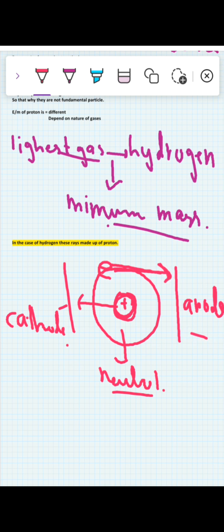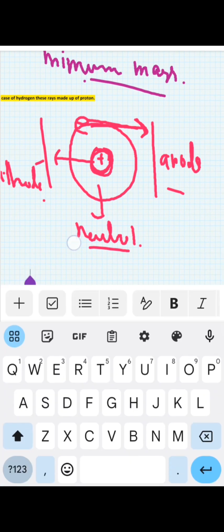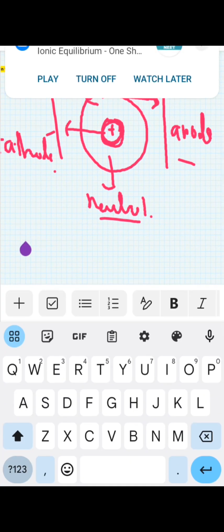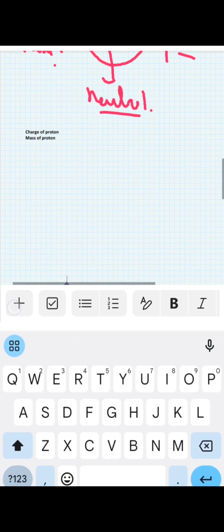After that, here we have the charge of proton and mass of proton. So the charge of proton is basically what?